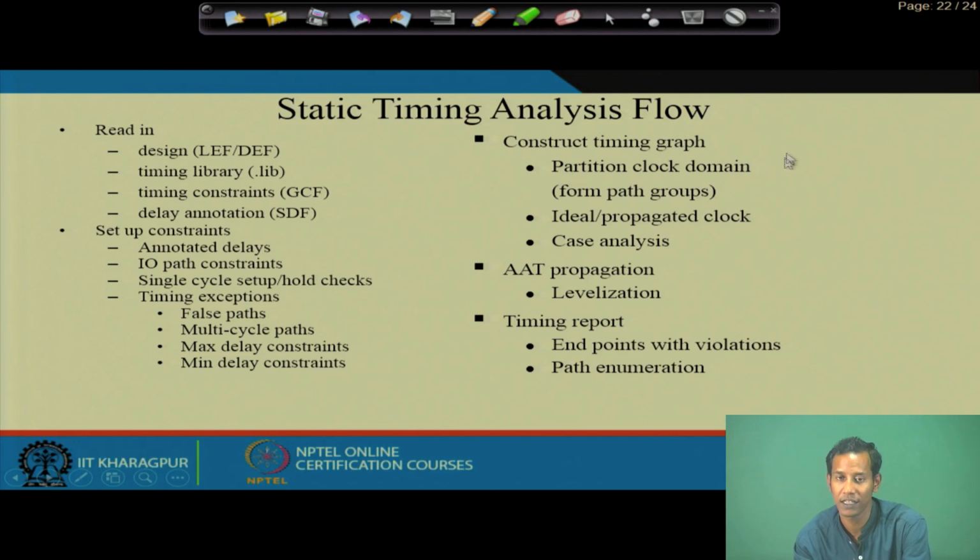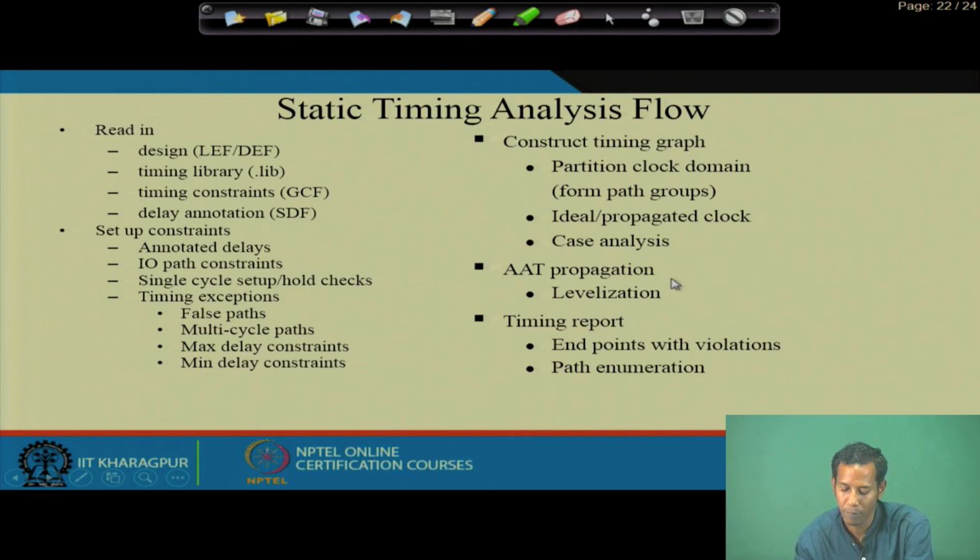While we are constructing the timing graph, suppose we have multiple clocks in the design. At that time we can partition the clock domain, we can create the ideal or the propagated clock or the derived clock that we have said earlier, and we have to do the case analysis.